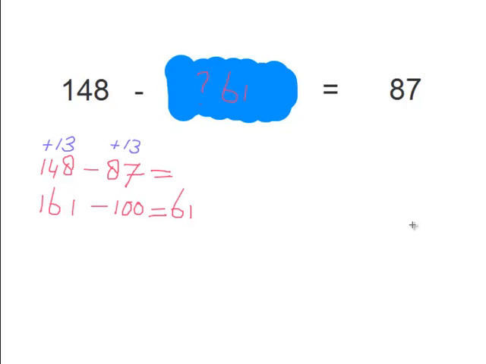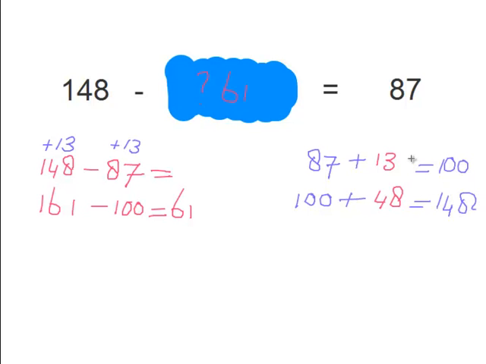Now let's solve this in a different way. Okay, let's take the 87 again and add 13, so it equals 100, an easy number to work with. Okay, now we need to add 100 plus 48, and that equals 148.